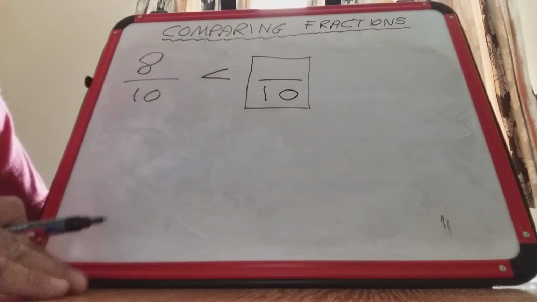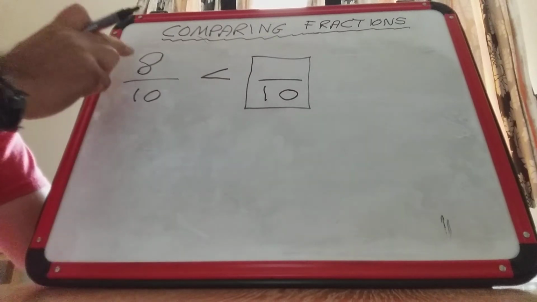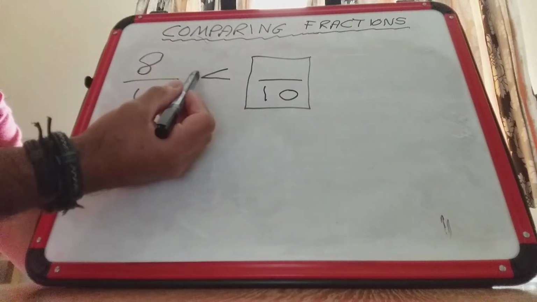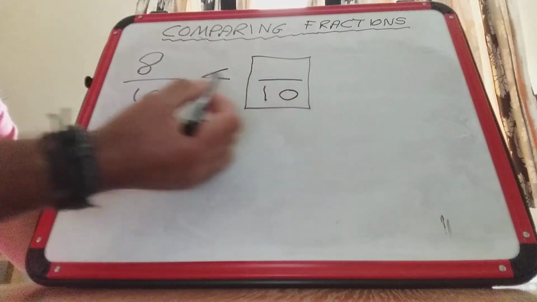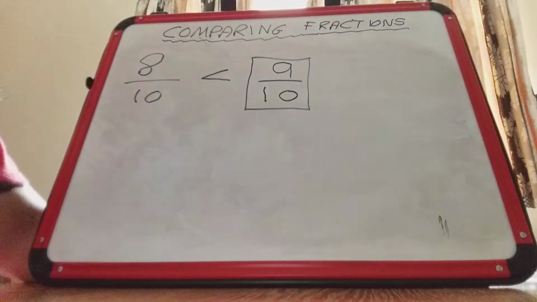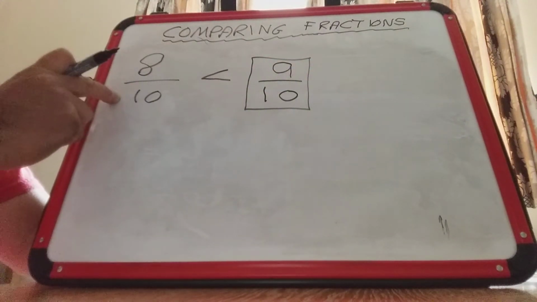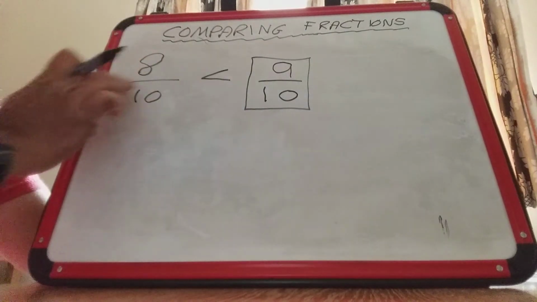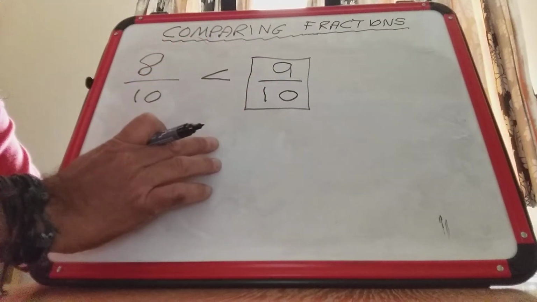Now this is fairly straightforward. 8/10 is less than, well, all you've got to do is think of a number which is greater than 8. So the obvious answer would be 9. So 8/10 is less than 9/10.